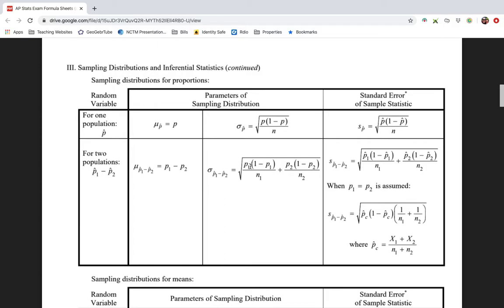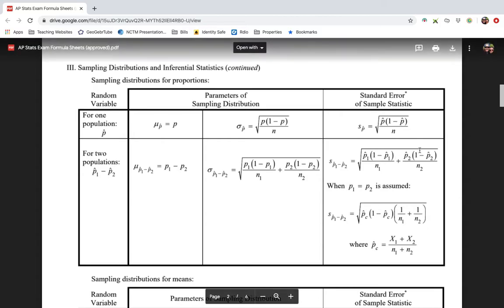We don't have population parameters, and so this is a problem. So we can't use this formula here to calculate that because we don't actually know what P1 and P2, or in our case P 2008 and P 2007 are, because we don't have those actual population proportions, those parameters.